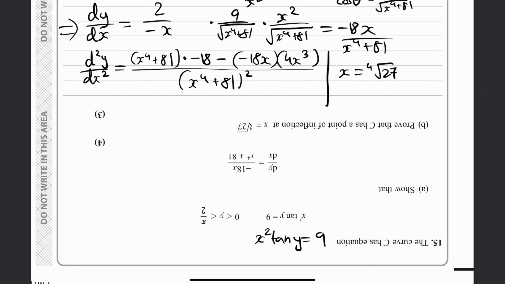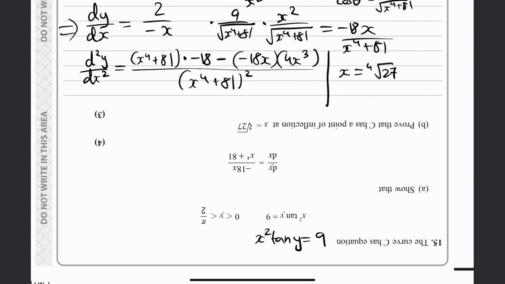Answer to the 4 plus 81 multiplied, minus 18, minus 18 answer times 4 times the answer cubed.